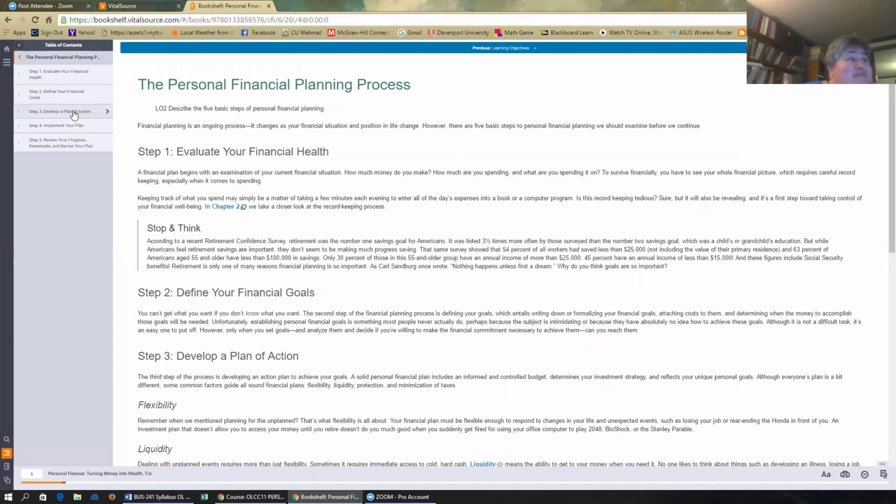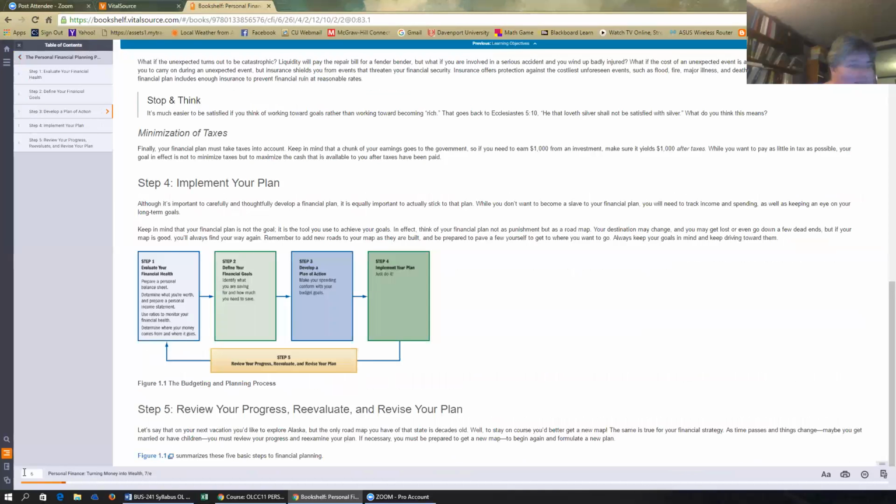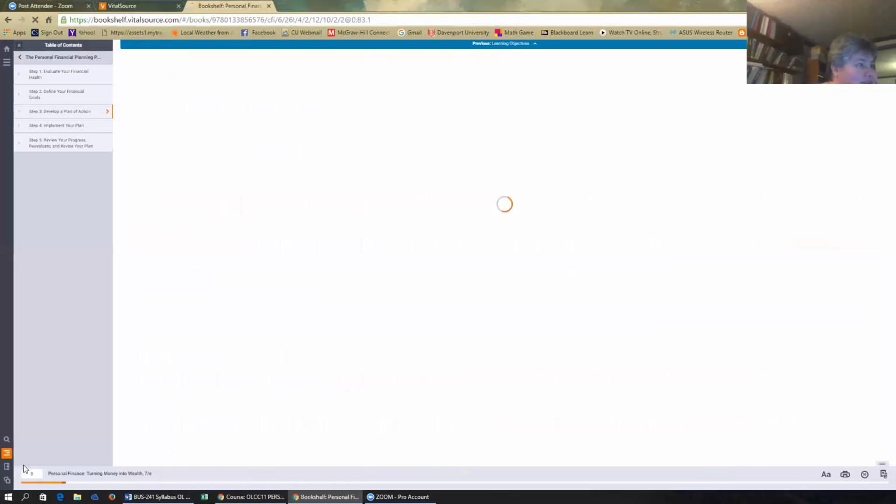Sorry, I'm so much better with a physical textbook. Let's see if we can get this through. Page 7 of the book. Page 8 of the book.